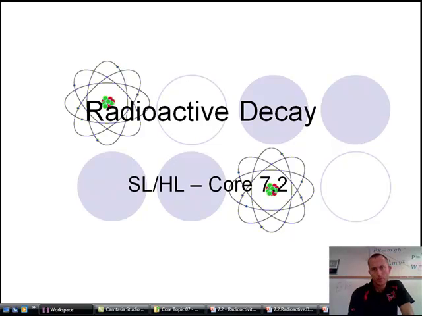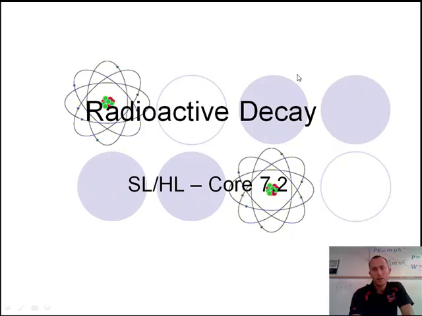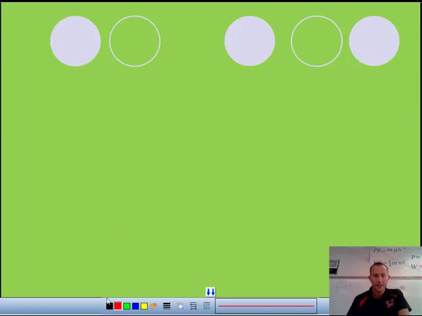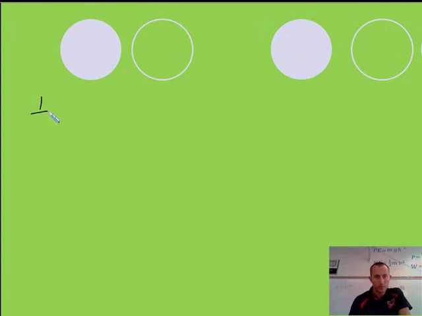Okay, let's talk a little bit more about radioactive decay, and more specifically about what we call the half-life of a radioactive element. So first, what is half-life? Half-life is really what it sounds like. It's how long half of the unstable nuclei in a sample will last before they decay.